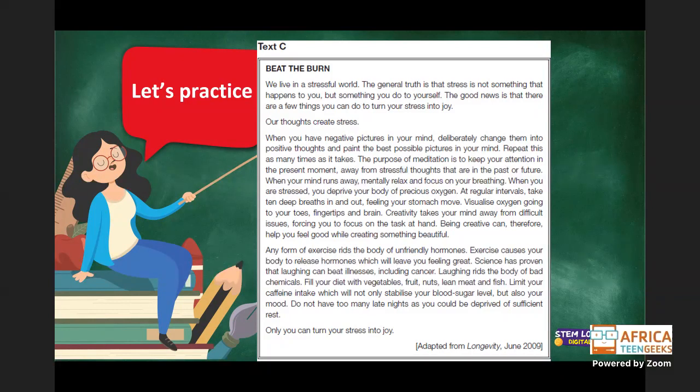And they must not contain grammar, spelling, or punctuation errors. So remember that. Each correct point will earn a mark, and 3 marks will be given for correct language use. 3 marks, guys.